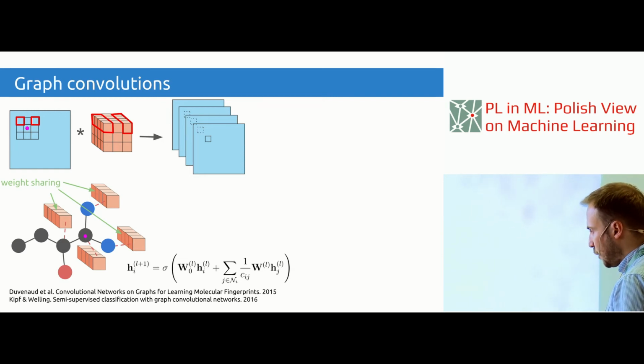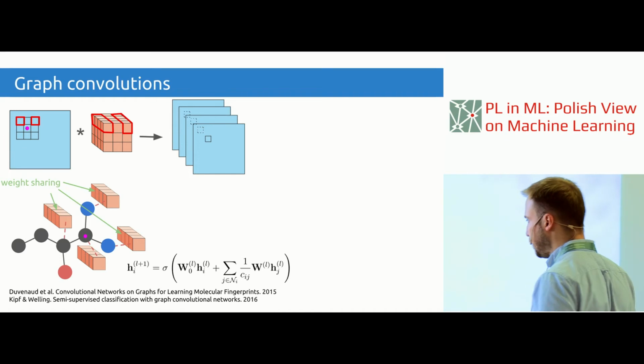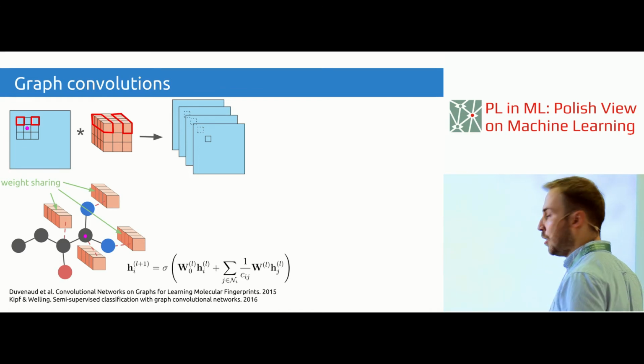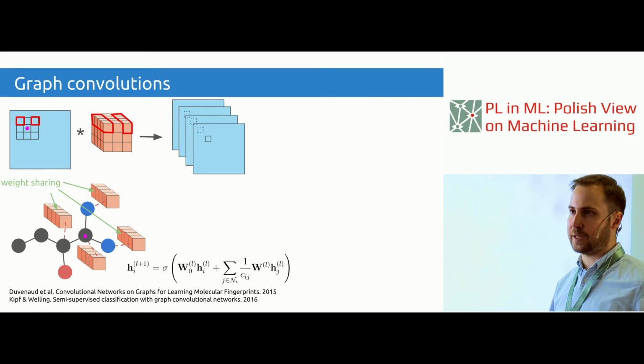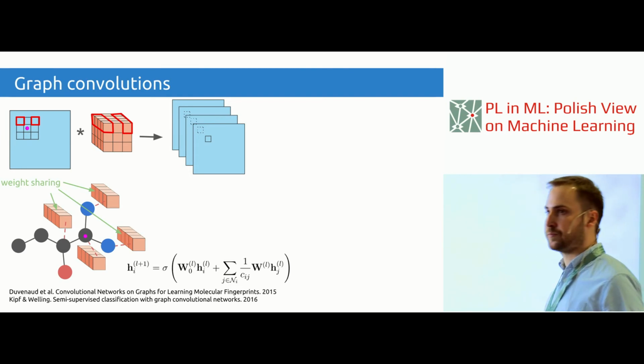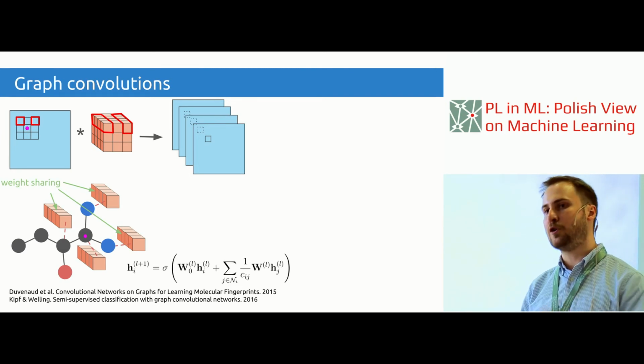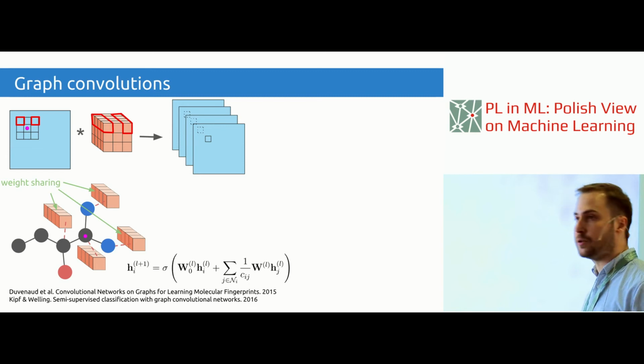And there is also a kind of normalization constant here. This is because the number of neighboring nodes may differ.